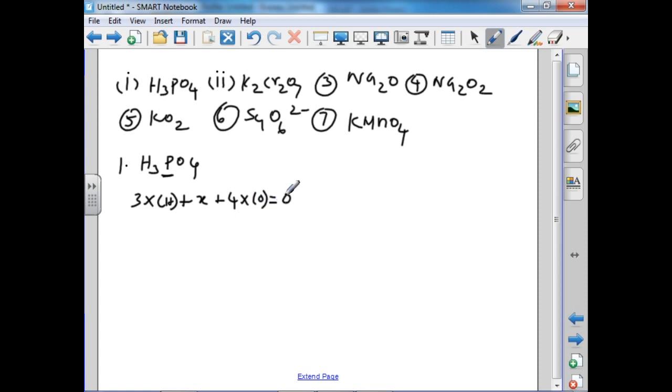It is a neutral molecule, so it is equal to 0. So 3 into oxidation number of hydrogen, plus 1, plus X, plus 4 into oxidation number of oxygen, minus 2, equal to 0. 3 plus X minus 8 equal to 0.